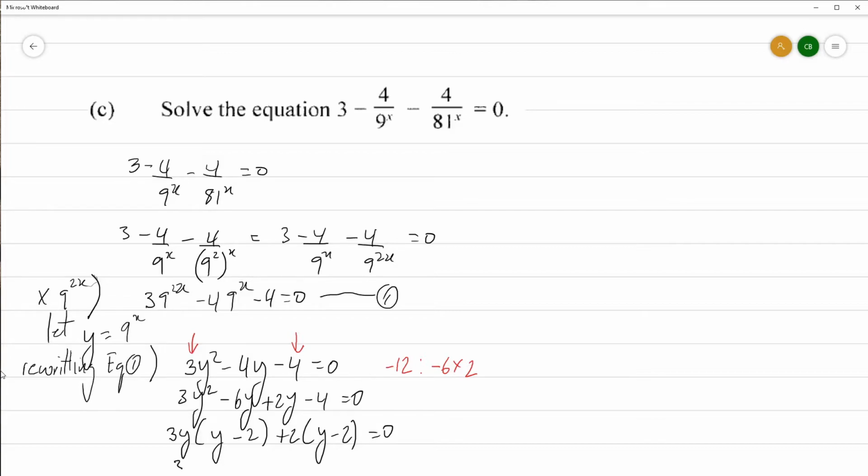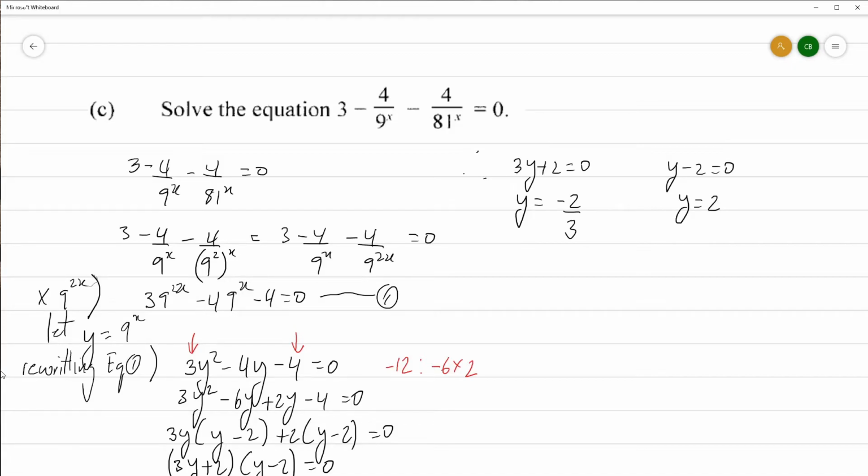So continuing the factorization, it will be 3y plus 2, and then y minus 2 is equal to 0. So therefore, we are going to get 3y plus 2 is 0. So y would be minus 2 on 3. And then we're going to have y minus 2 is 0. Y is equal to 2.